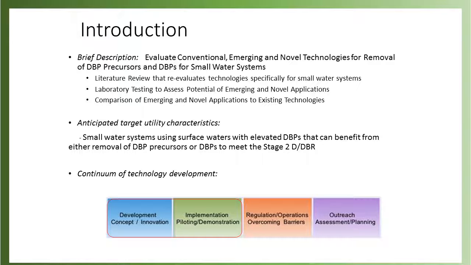But the reason that we thought the literature review is important is because while many technologies were examined over the past several decades, they're typically examined for their potential in large-scale systems. And in some cases, when you look at a small-scale system, the criteria for evaluation and even the cost analysis changes. We like to think of this as reverse economies of scale.